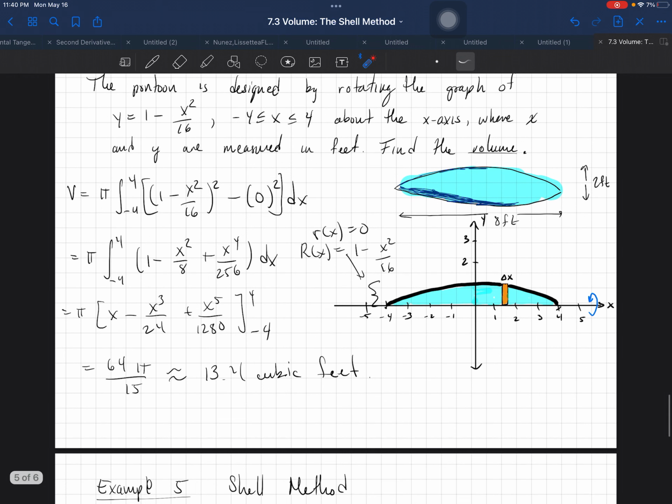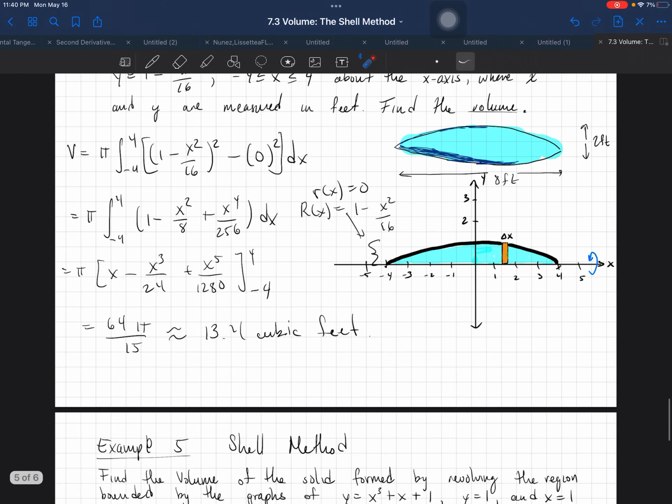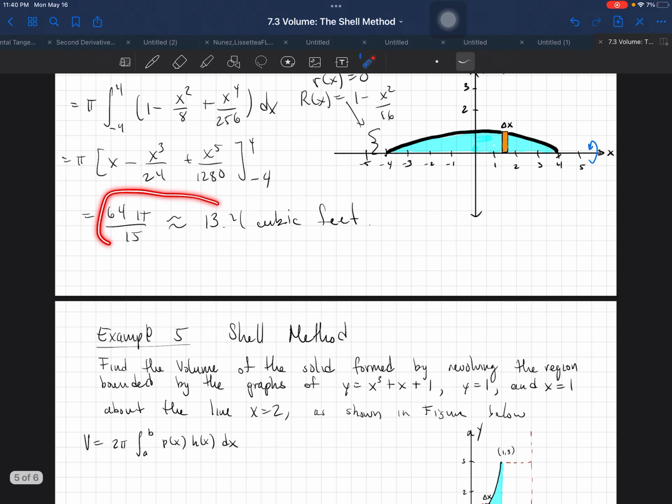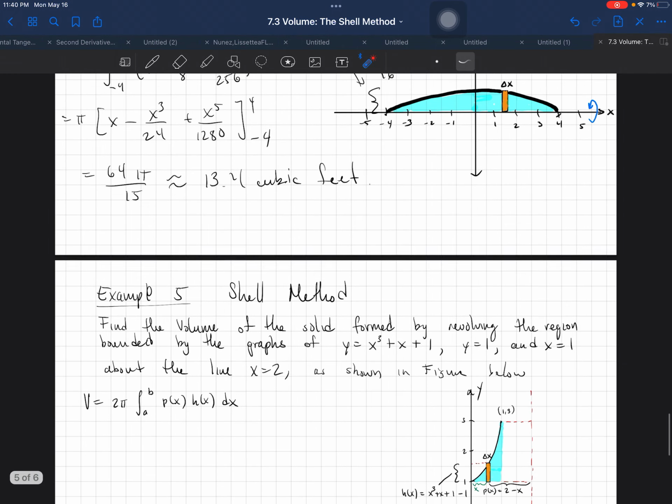Don't forget the pi, and then plug it in. Of course, I expect you to always fill this in on the test to show me the work, otherwise I would take off points. For purposes of time, and because my battery is dying, I'm going to skip that part. That's just pretty much algebra.